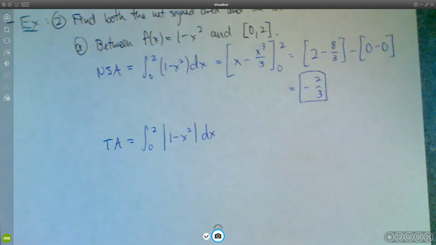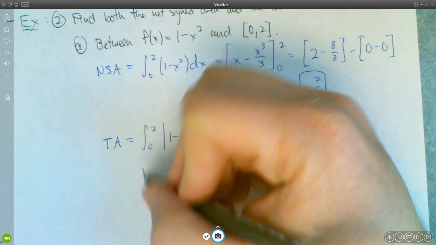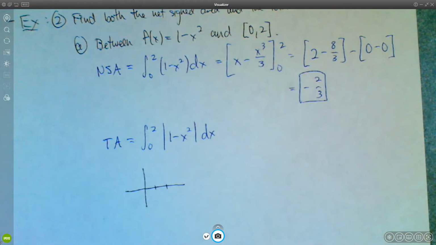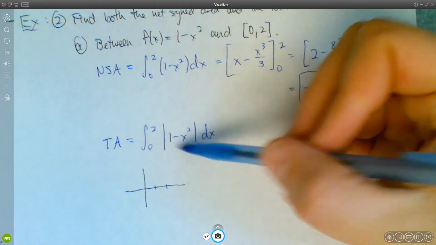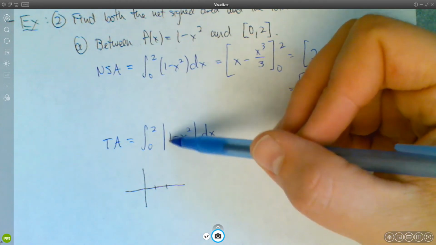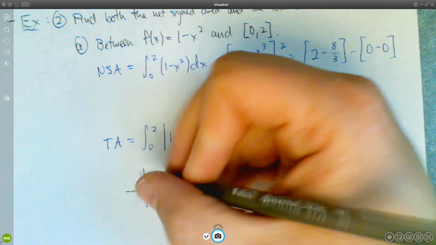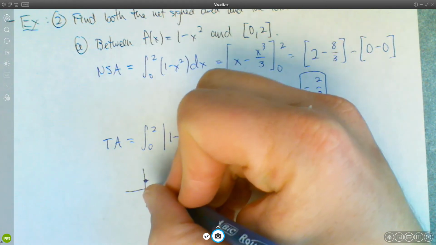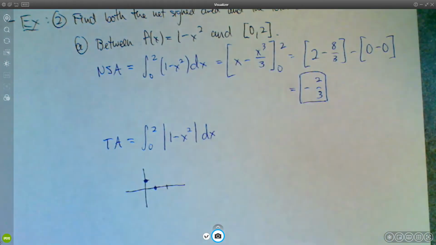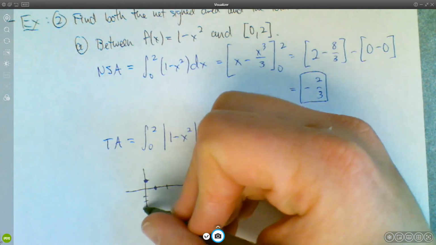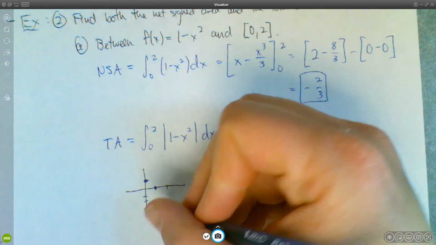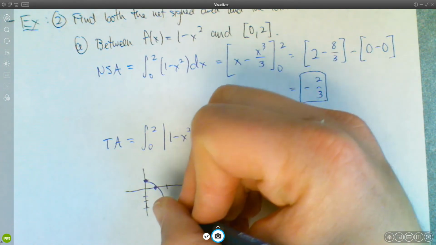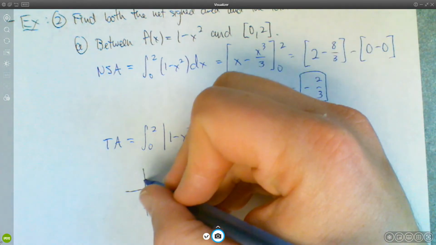If I think about a graph of this function from 0 to 2, I know that this is a parabola that opens down and it's been shifted up 1 unit. So it's going to look something like this. That's what f looks like.